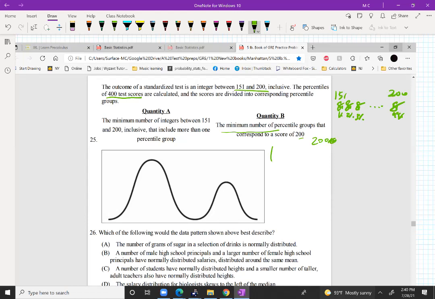So if everybody got a certain score, but this can also be C. What if everybody got 200? Minimum number of integers between 151 and 200.